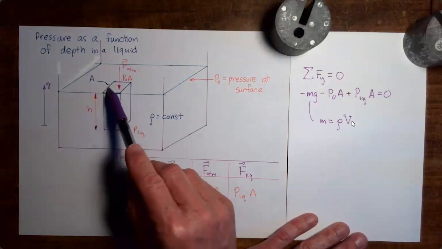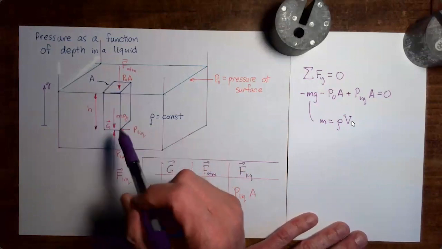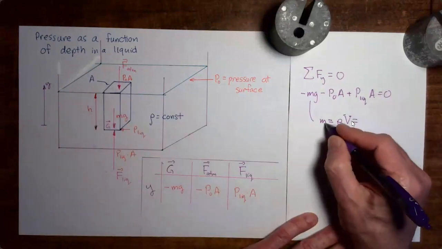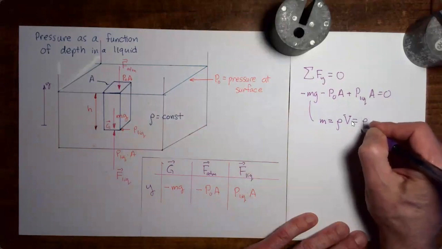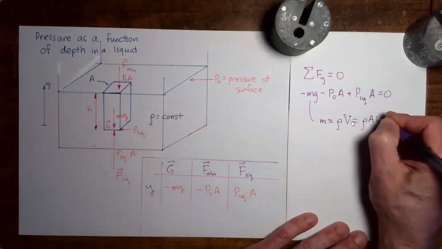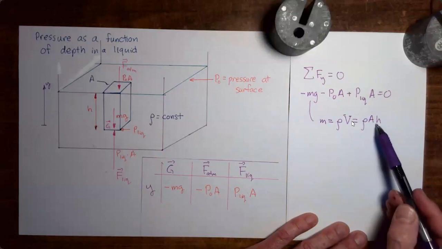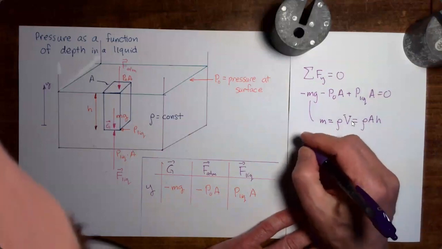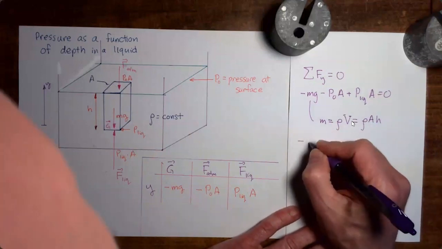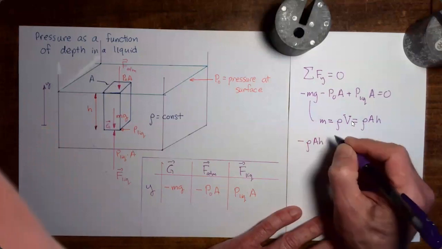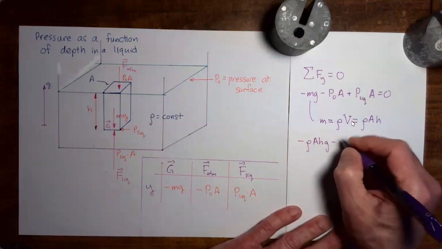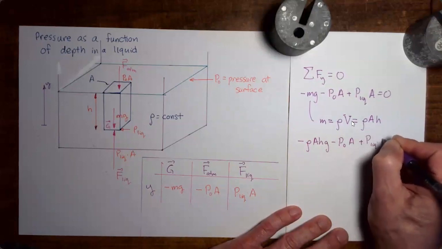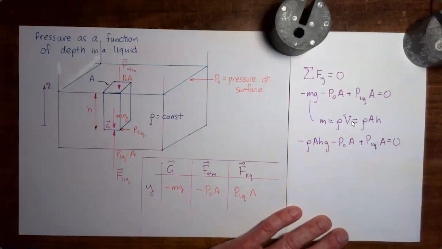Well, the area of that top square is A and the depth is H. So the volume would be A times H. So the mass of that entire column would be the density times that area A times the depth H. So now let's take this expression and put it into our force balance. We then get, for our force balance, minus rho A H g minus P0 A plus P liquid times A equals 0.